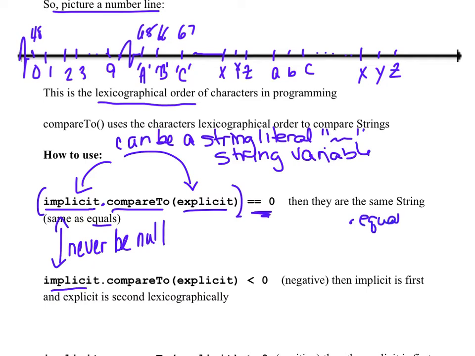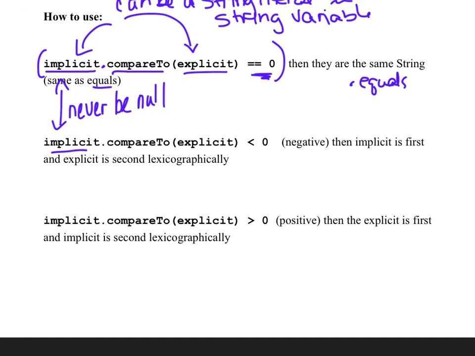So if it's equal to 0, we can make this a condition, then they are equal to each other. They're inherently the same string.